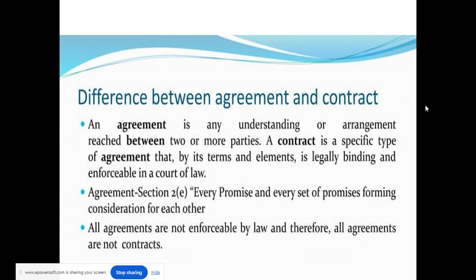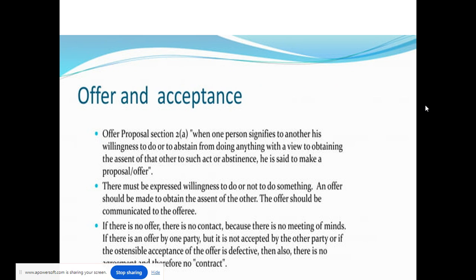Earlier I told you Section 2(e) and Section 2(b) are there, and related to that there are offer and acceptance. As I said, an agreement is basically the sum of offer and acceptance. Whenever we define it, a number of persons are involved.